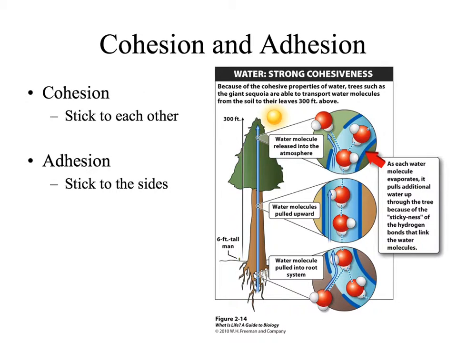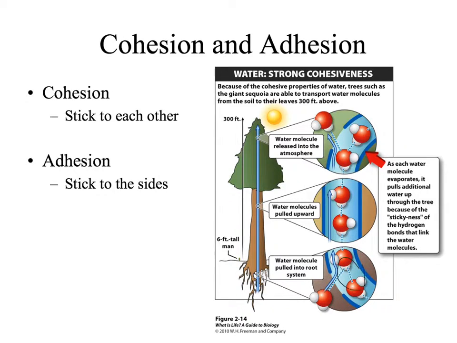Cohesion, water molecules sticking to each other, and adhesion, water's tendency to stick to other substances, is very important for many living organisms. For example, plants rely on cohesion and adhesion to move water molecules from their roots to their leaves. As the water molecules move, they form a chain going up through the plant.